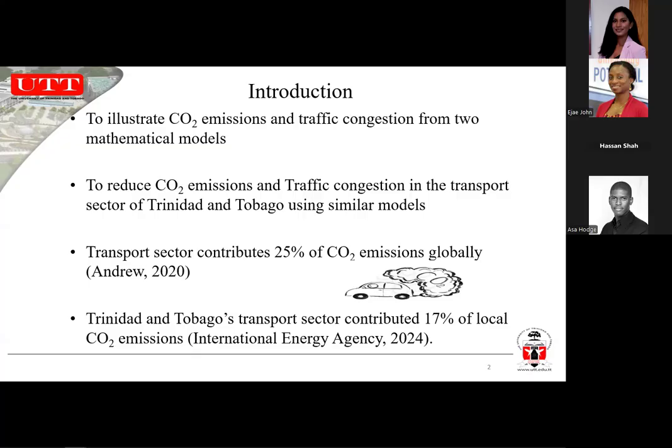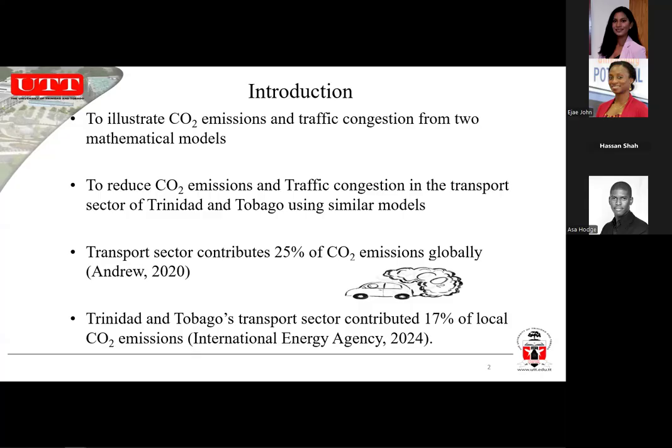That's another negative of traffic congestion, being stuck in traffic in hot sun. So our goal is to reduce traffic congestion and hence CO2 emissions.